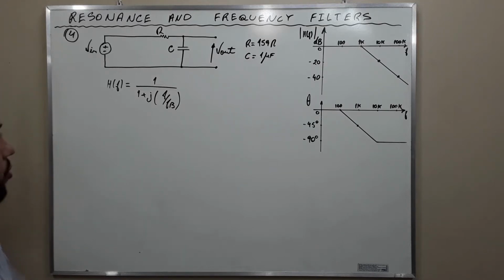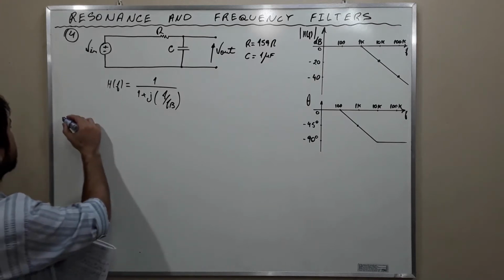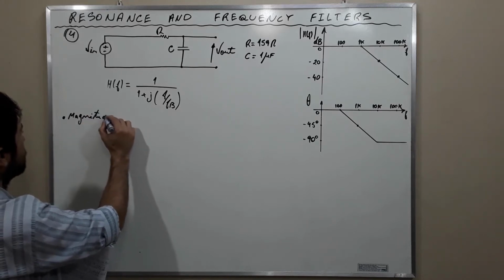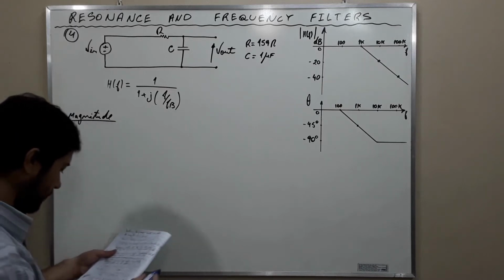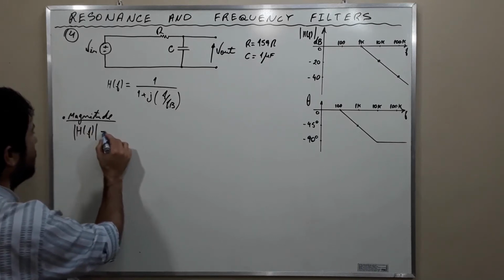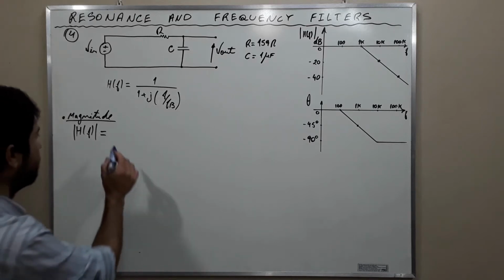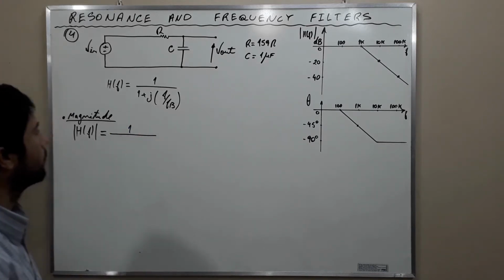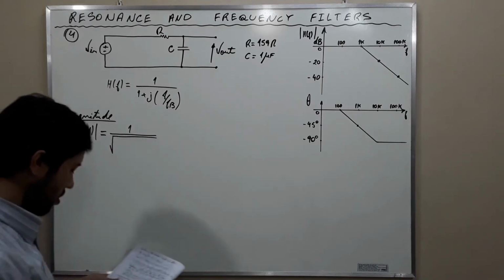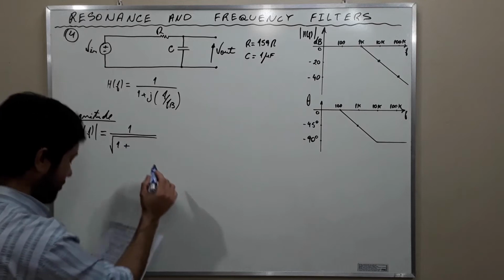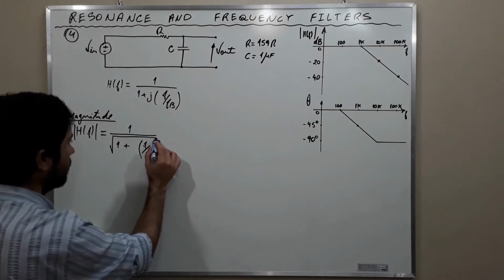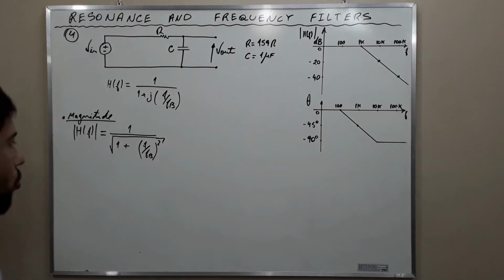And the magnitude of this transfer function is 1 over the square root of 1 plus f over f B squared.